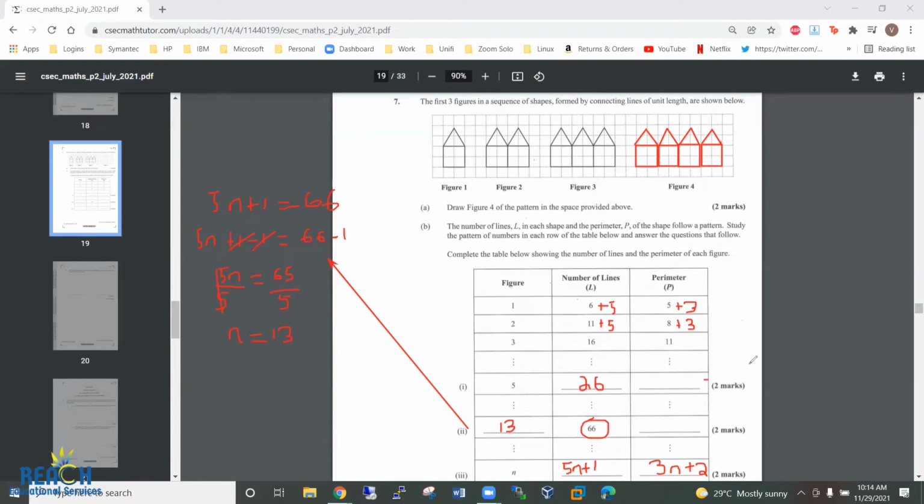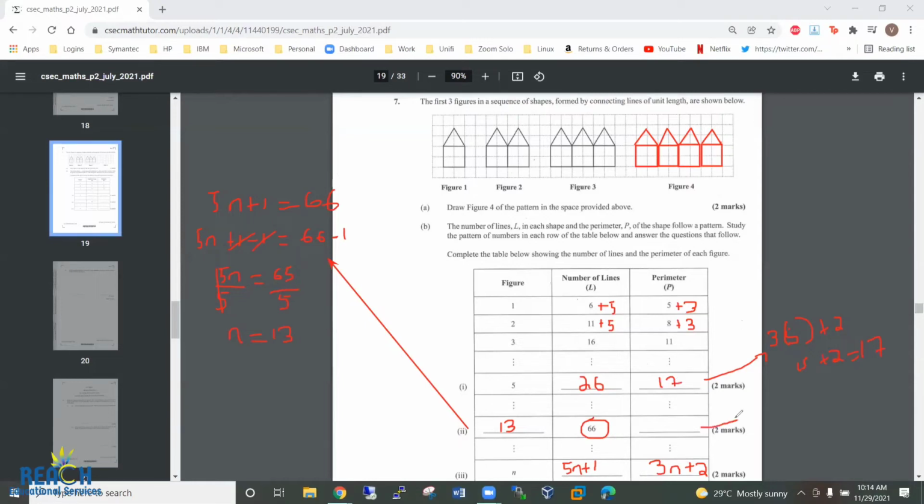Now I can get this one. It would be 3 multiplied by n, which is 5. 3 times 5 is 15, plus 2 is 17. So I get 17 right here.